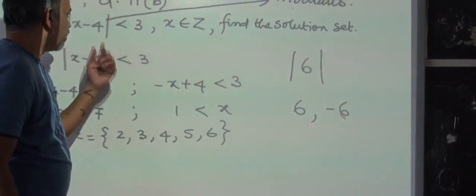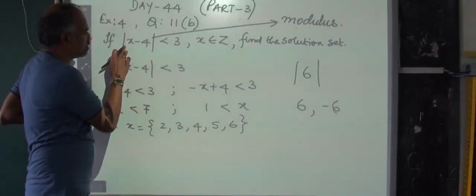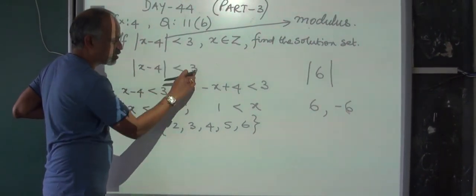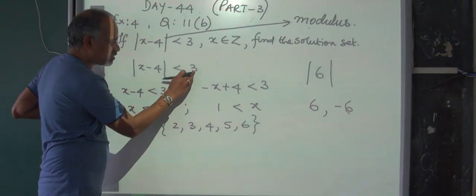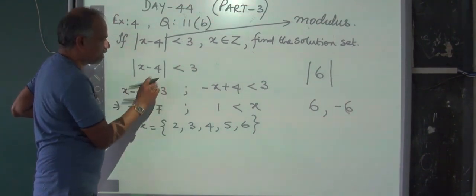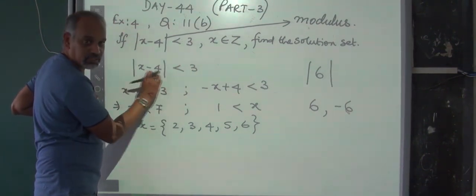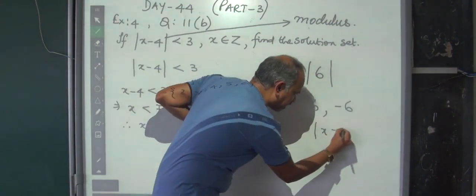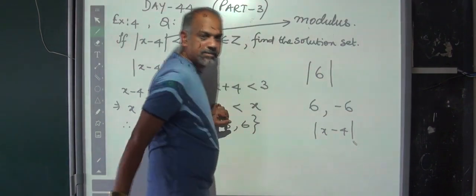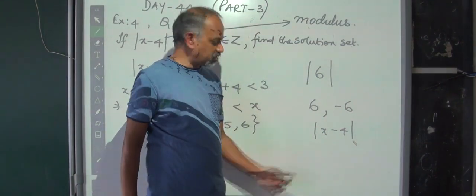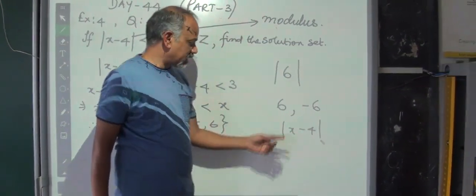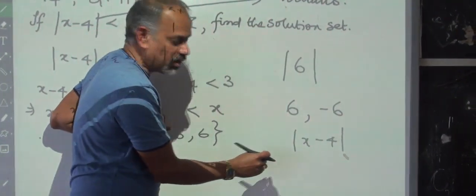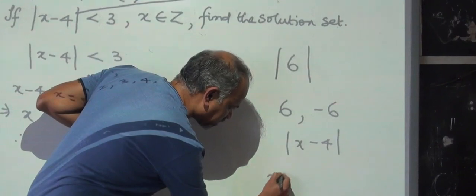Okay. Now, this is modulus of x minus 4 is less than 3. The 3 is not inside the modulus. It's only the x minus 4 which is inside the modulus. So there are two possible values because it is written inside the modulus. The first one is the positive value, whatever is inside the modulus, so x minus 4.